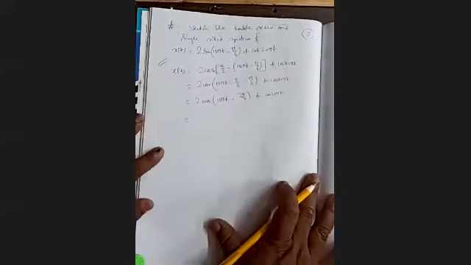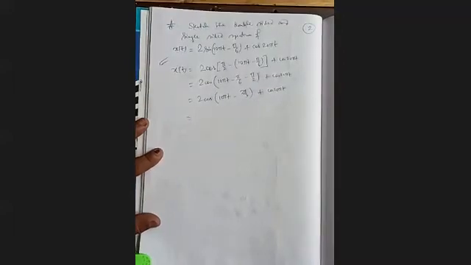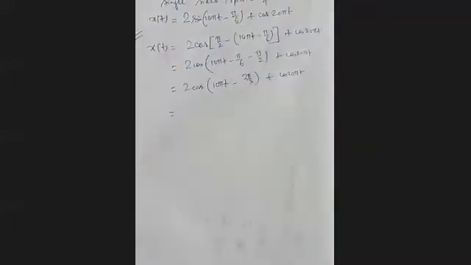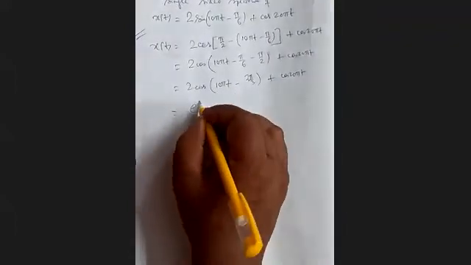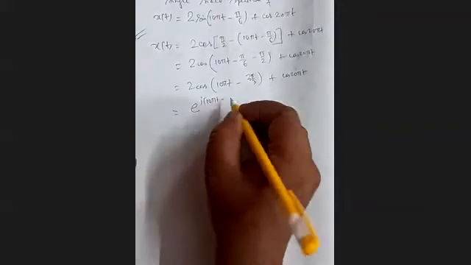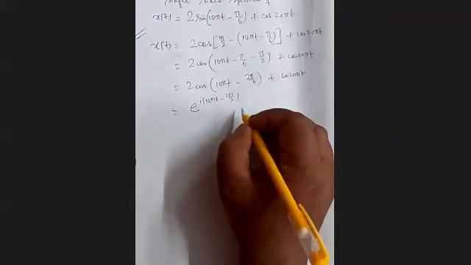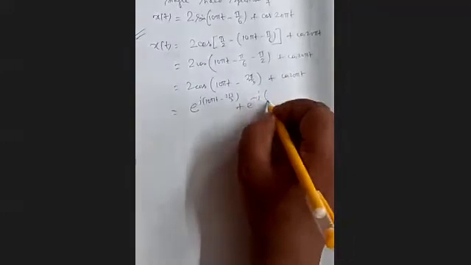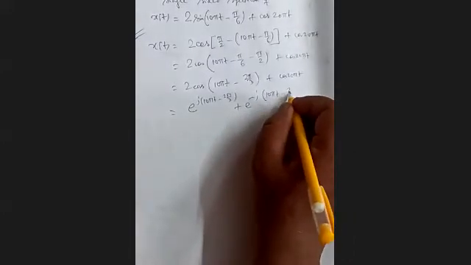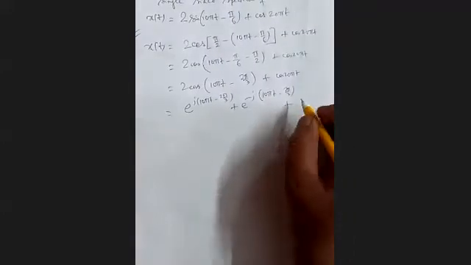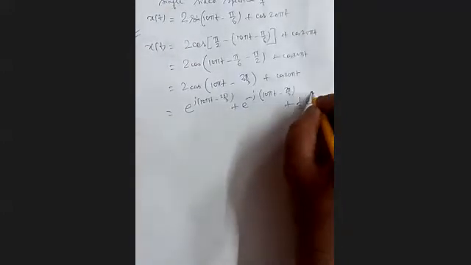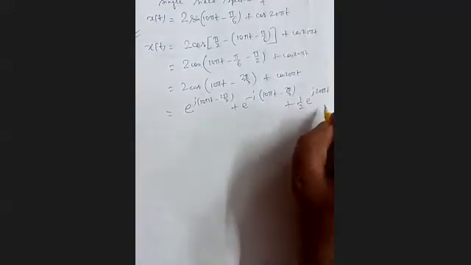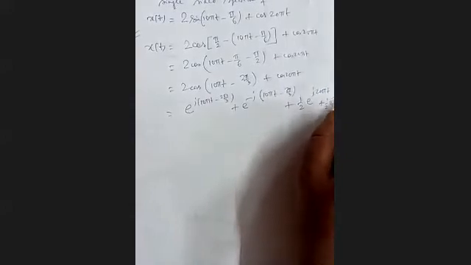So we can write it now. 2 cos theta means e to the power j theta plus e to the power minus j theta. For cos, it will be e to the power j theta plus e to the power minus j theta by 2. So half of e to the power j theta plus half of e to the power minus j theta.